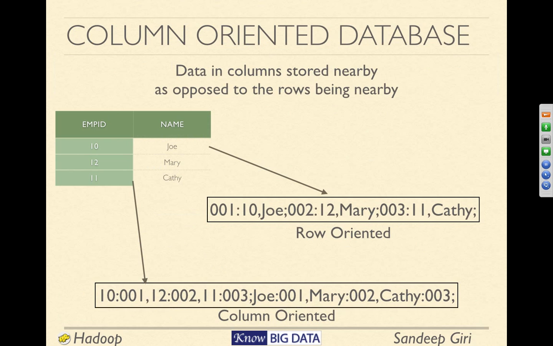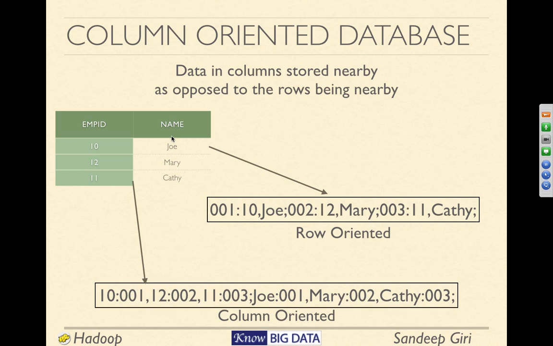All right. Before we get into our HBase discussion, I would like to explain what a column-oriented database is. It's very important to understand that part. A column-oriented database is one where the data is stored column-wise first: the first column is stored first, the second column afterwards, and the third column afterwards.